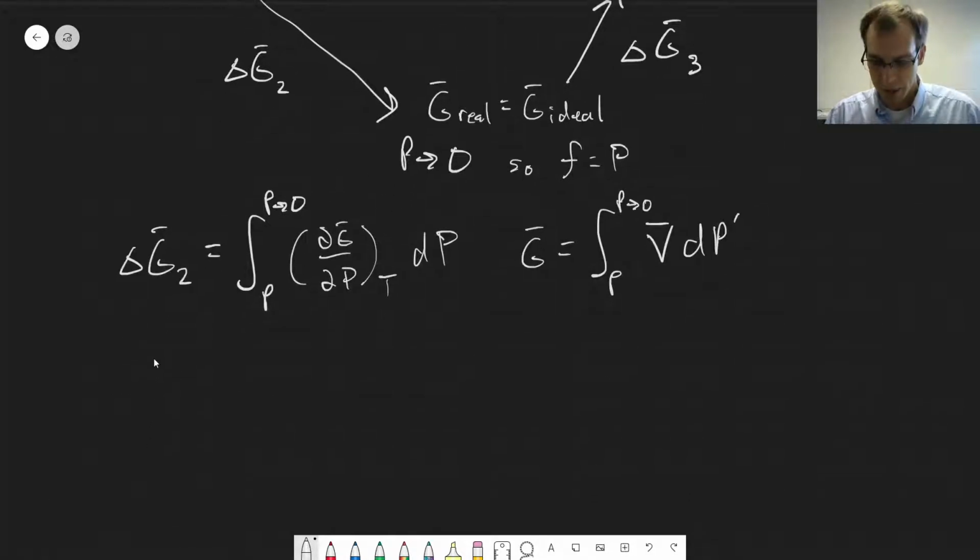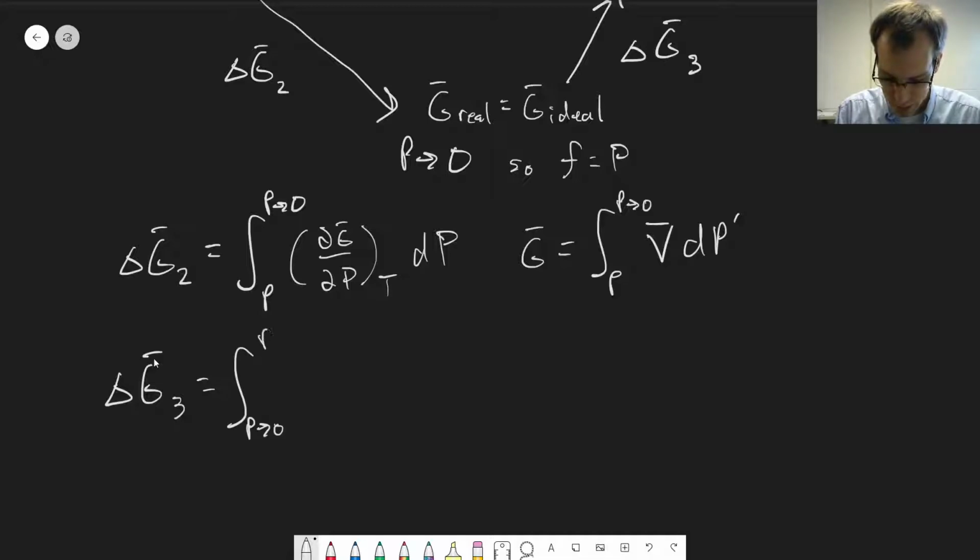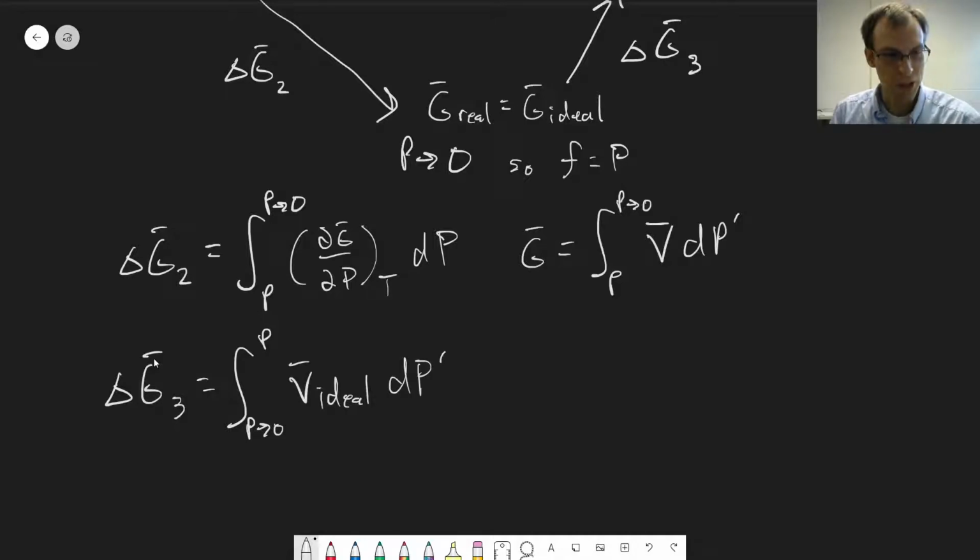What about delta G3? Well, we're going to have a similar sort of expression, but now the gas is behaving ideally the entire time. So we have this low pressure up to P. We have V bar ideal as P is changing. And I'm writing P prime, which I probably should have done up here too, to differentiate the fact that our starting P value here is a specific pressure, but we're integrating over the pressure variable, just to mathematically keep track of this.